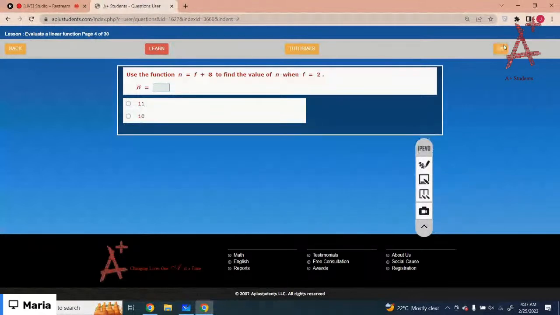Okay, the next one is n equals f plus 8. So replace the f with the value f equals 2. So it would be 2 plus 8.